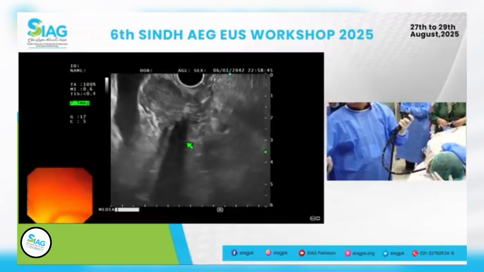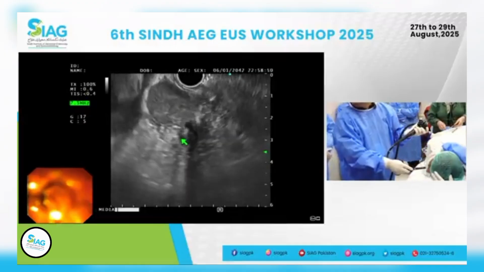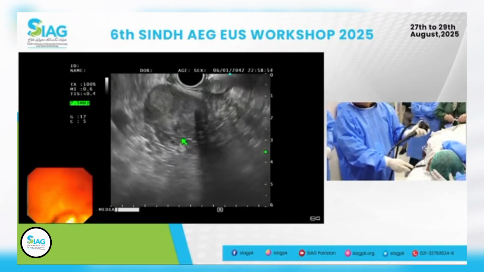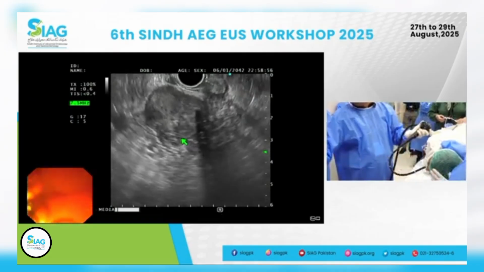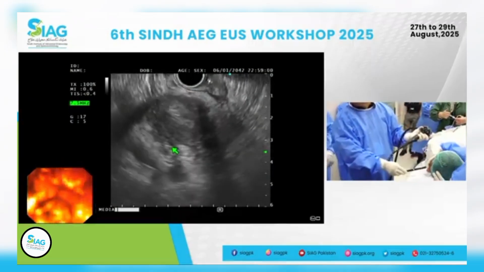So here is the PD right underneath the bile duct. If I follow the PD, now I'm going to pay attention to the PD. I'm going to forget about the bile duct. PD is right here, rotating to the left. Rotating to the left, PD is still there.